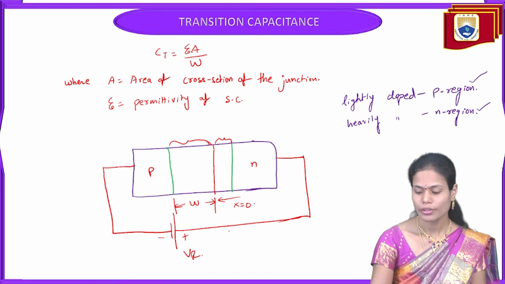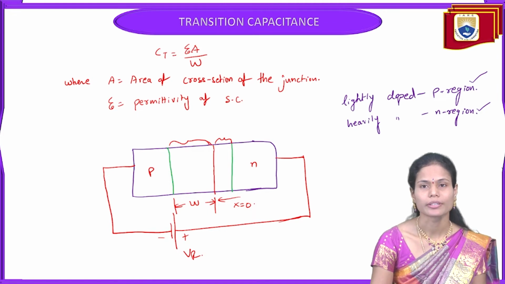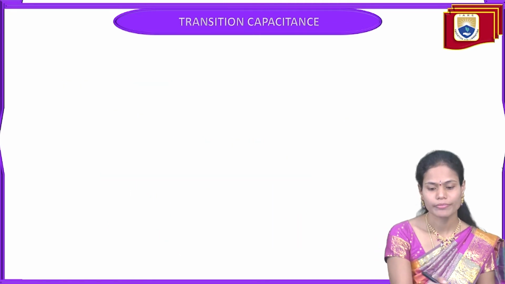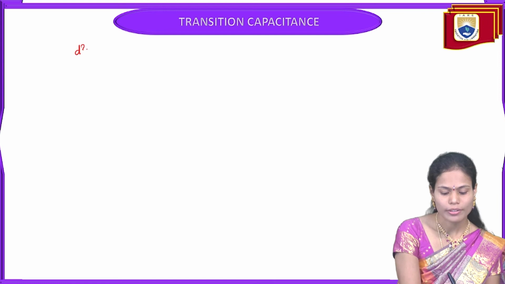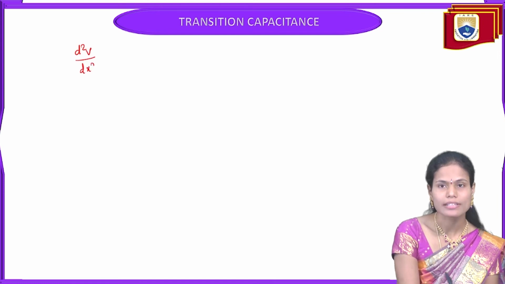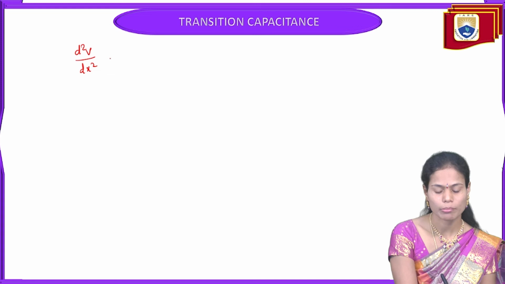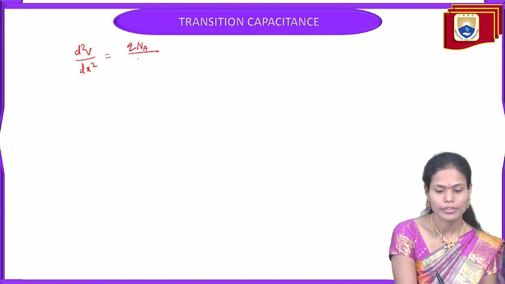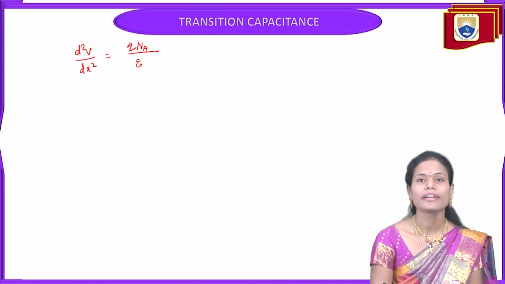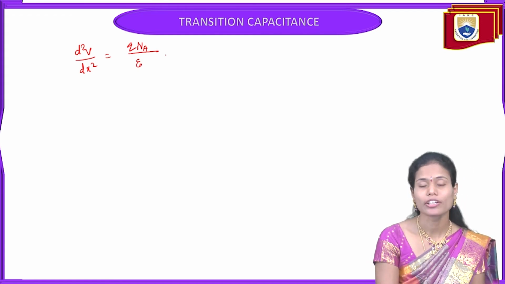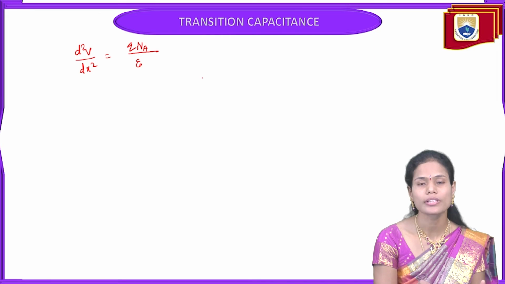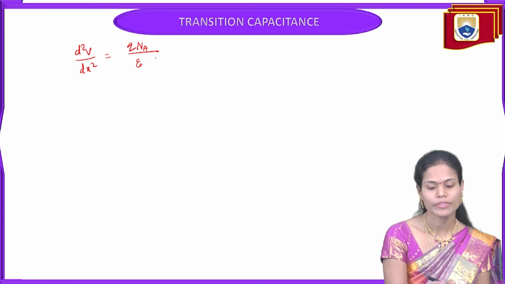From this we can write the equation d square V by dx square, from the junction, equals Q Na by epsilon. Why am I taking only Na and not Nd? Because we are considering only the depletion region of the P region, where we have the acceptor ions. That's why it is Q Na by epsilon.